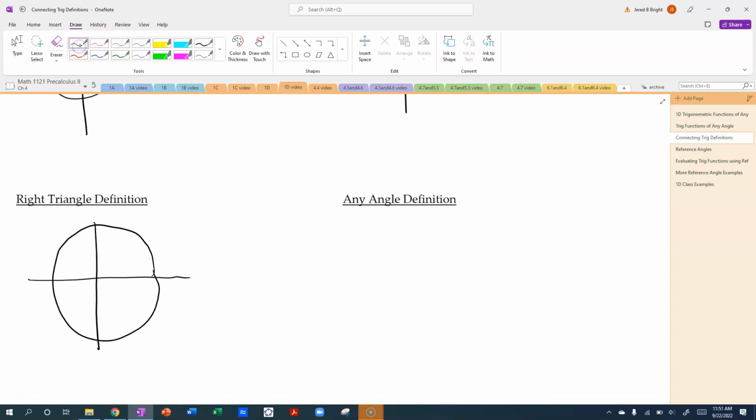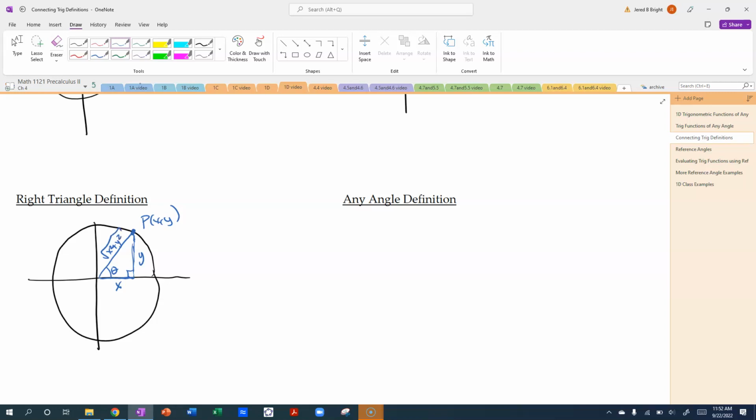So we have our P of xy as the point here, and then we drop that altitude. We still have our central angle theta, and then we get the horizontal distance, or that first leg of this right triangle, as x, and this second leg of the right triangle being y, and then we can talk about the hypotenuse via the Pythagorean theorem because we now have a right triangle, okay?